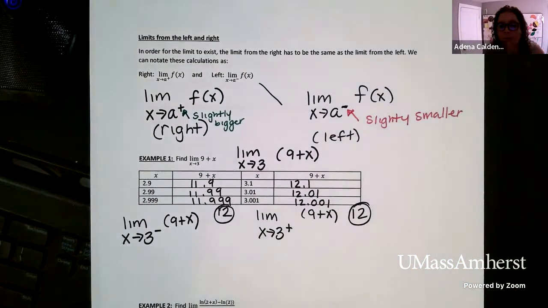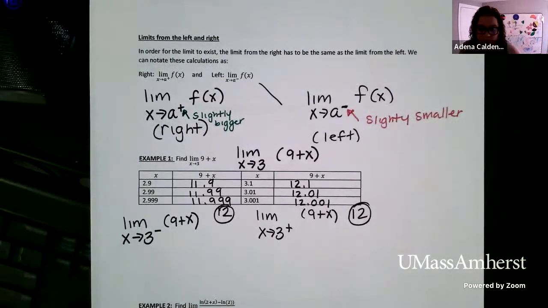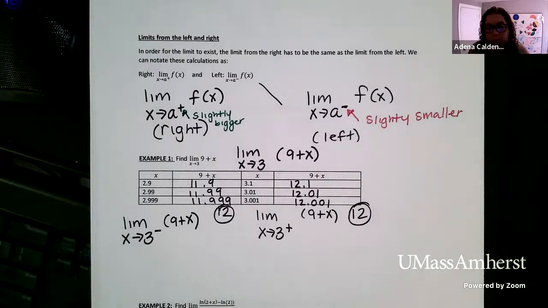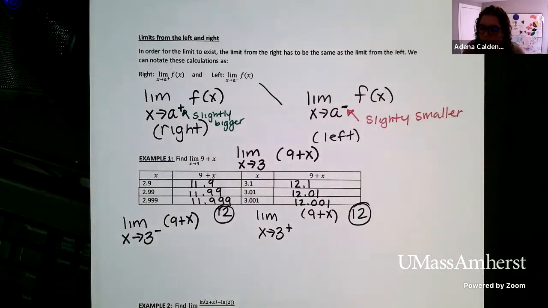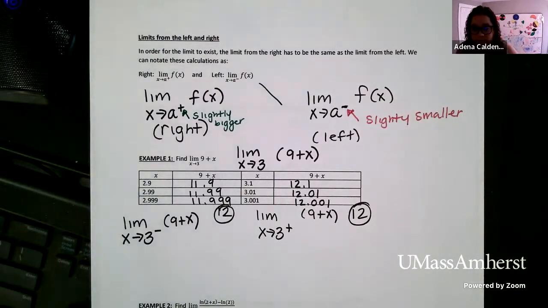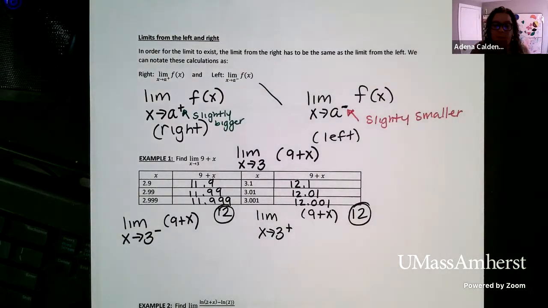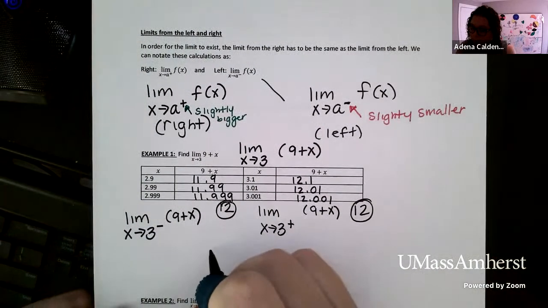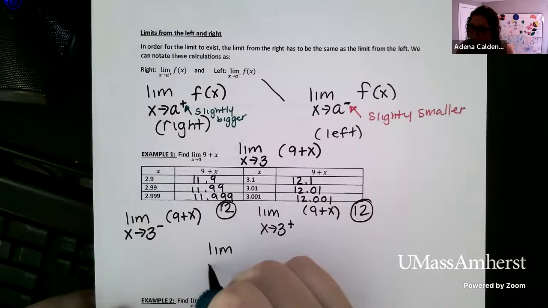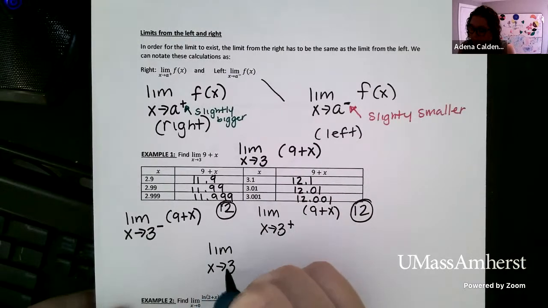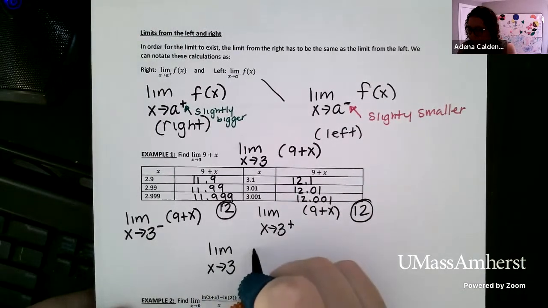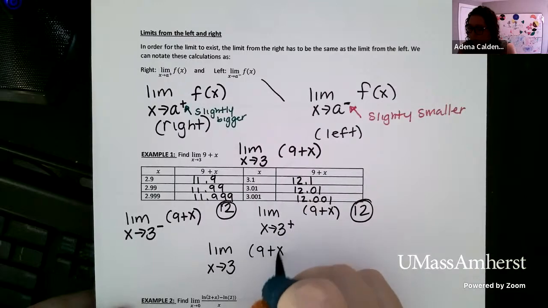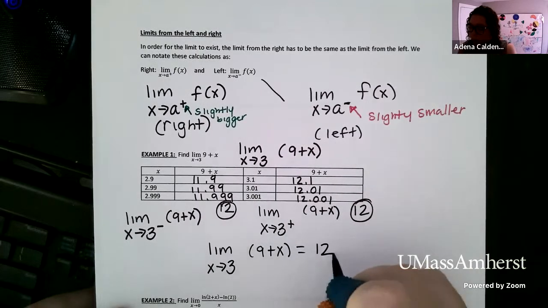Okay, so here is now something that we need to learn a little bit more about limits. So here, the limit from the left exists and is 12. The limit from the right exists and is 12. If the limit from the left is the same as the limit from the right, that's when we can say the limit as x approaches 3 of 9 plus x equals 12.